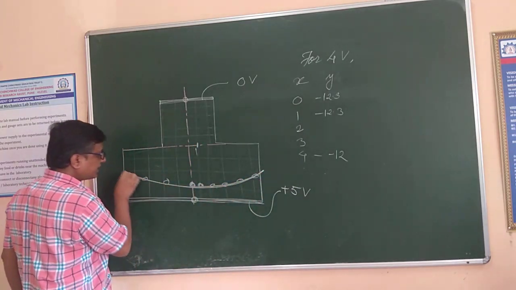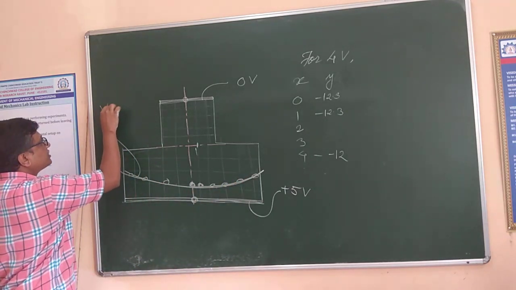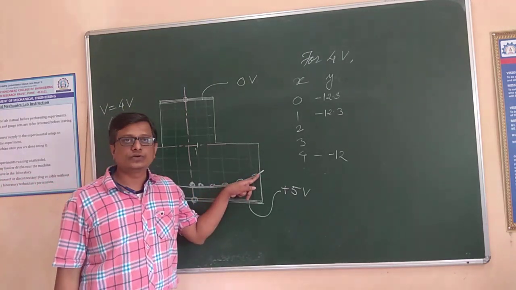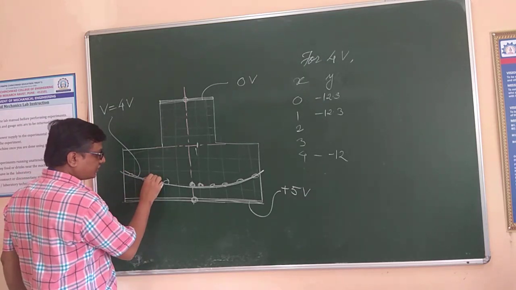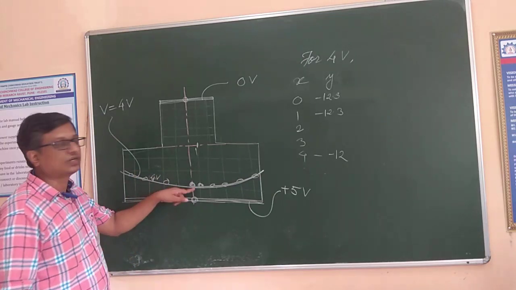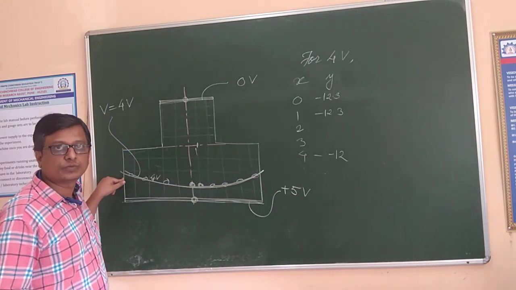One thing is very clear: all the points on this curve are at the same potential, that is V equal to 4 volt. So this curve is an equipotential curve of 4 volt, and any point I take on it will be at 4 volt.